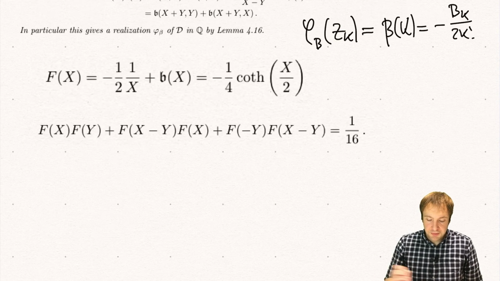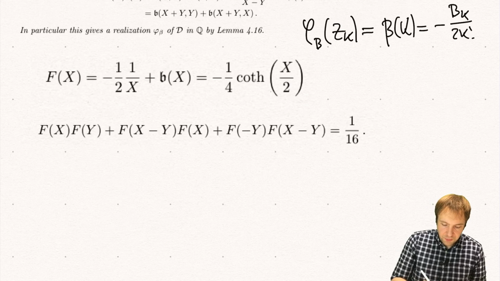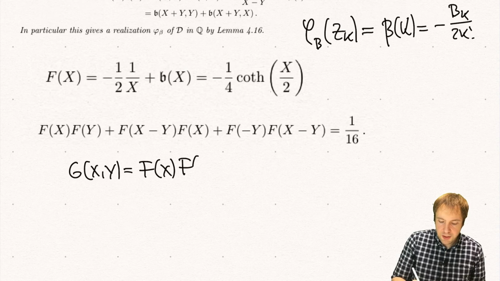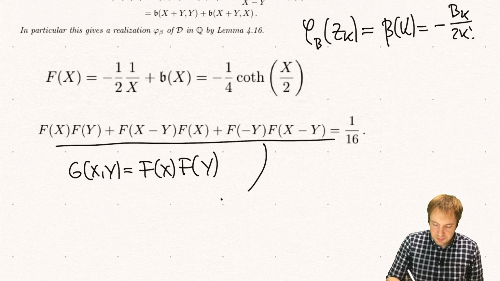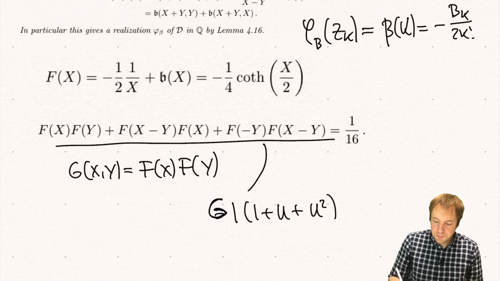and we will see later that, for example, if we write gxy given by the product fx fy, then this identity here can be written by using this group action as 1 plus u squared equals 1 over 16.